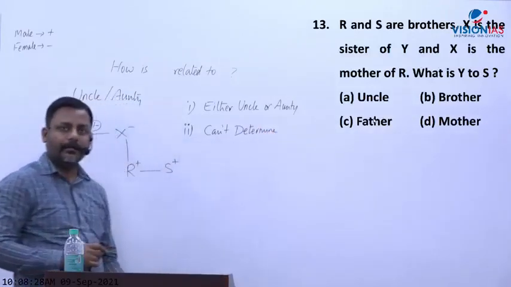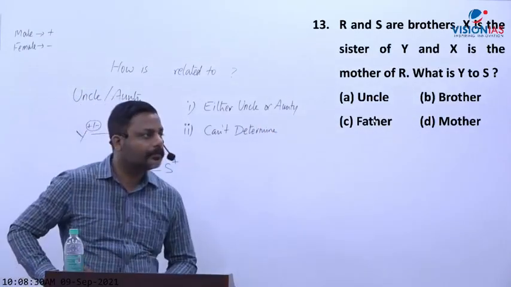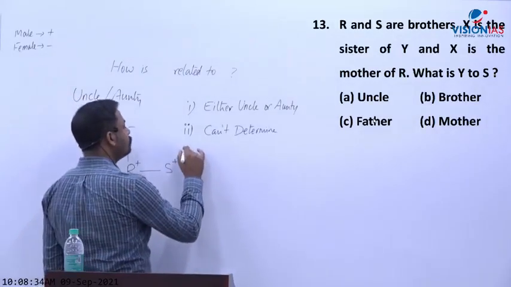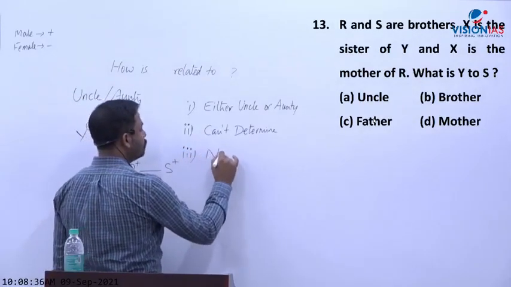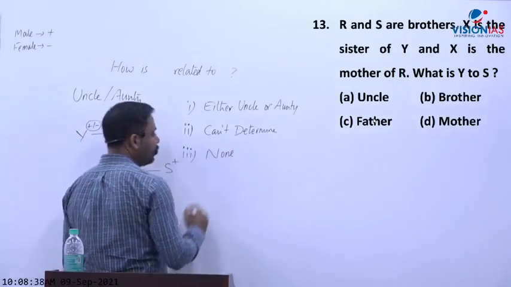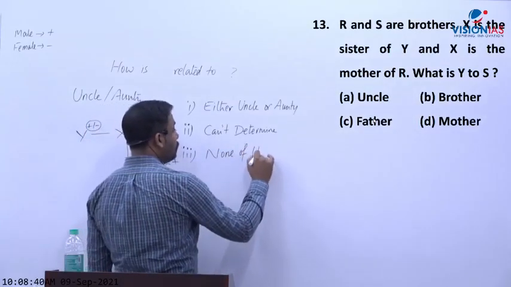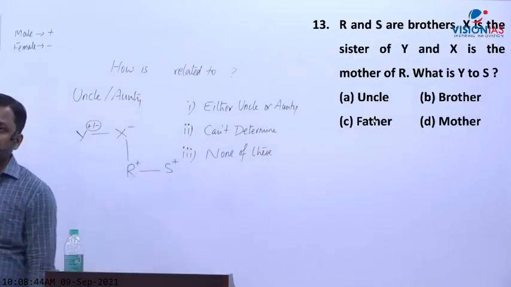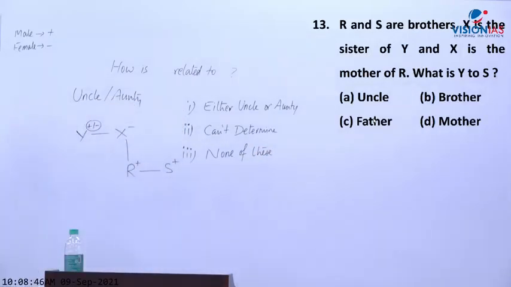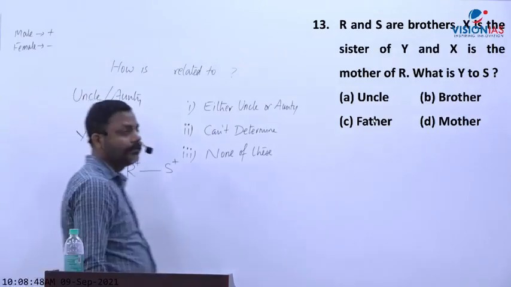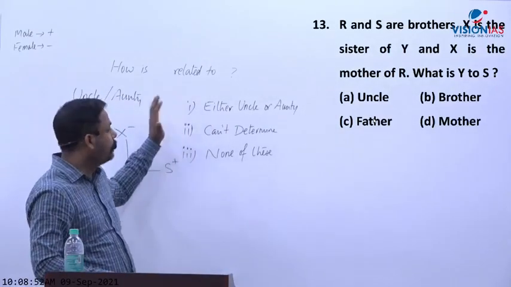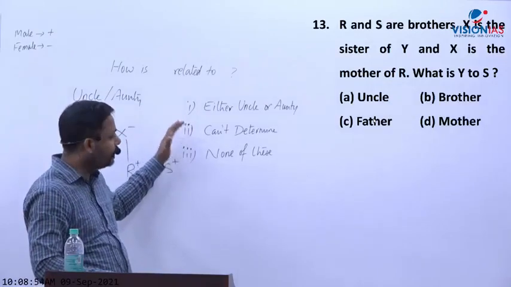If cannot determine is not in the options, then we will go for none of these. This is the preference we have to follow while answering a question where we get multiple answers.